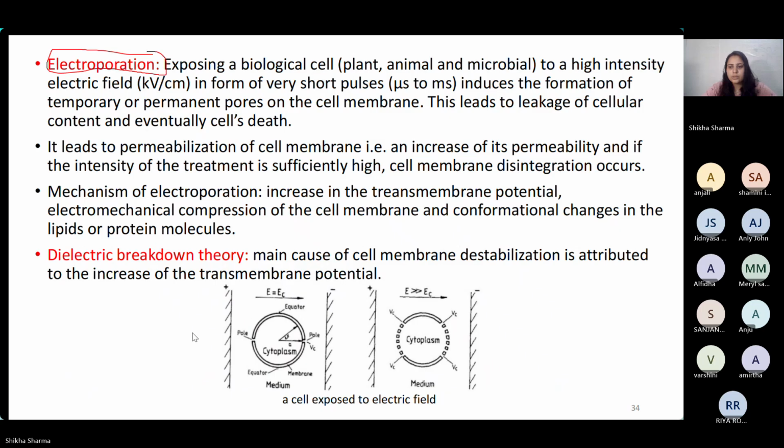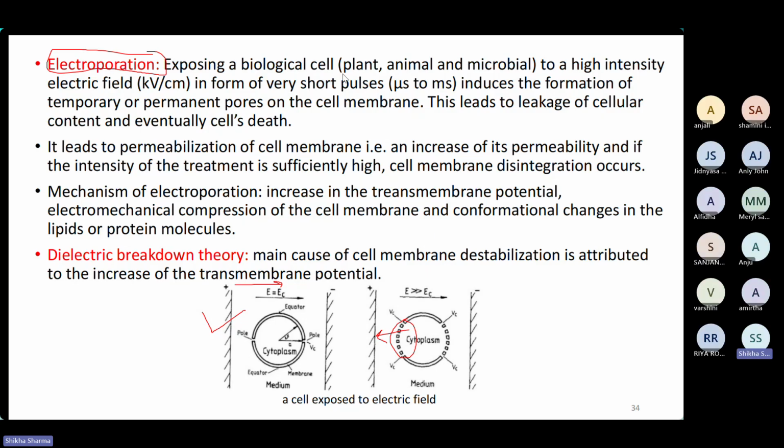So when this alternating current or high voltage current is applied, the cell will be like this, poration will be there.